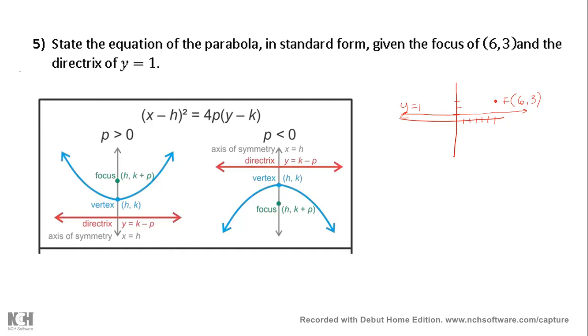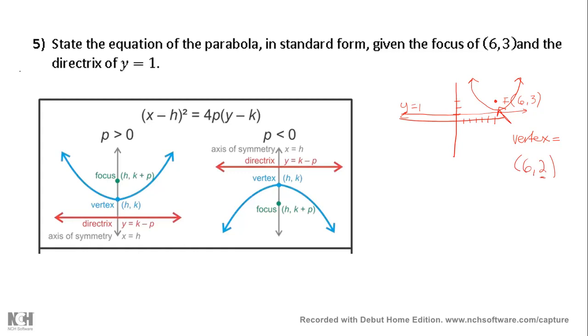So I'm going to put that point on my graph, and then sketch my parabola. That point, the vertex, midway between the two, is going to be (6, 2), right? 2 is between 1 and 3. That's where I'm getting the 2 from.